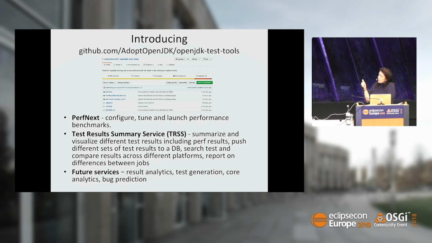This is also the repo where we're going to be doing some fun experiments with some analytics tools. Once we start gathering a lot of data, we want to be able to take a look at it in interesting ways. So that's where this will come in.